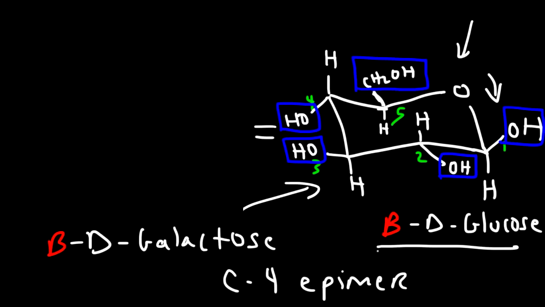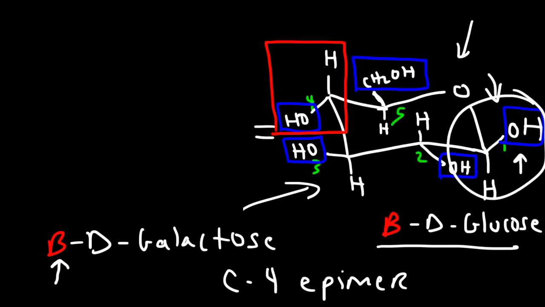So all we need to do is simply change the chiral center at carbon 4. Everything else, we need to keep it the same. Now we also need to take into account what type of anomer we're dealing with. Since we're dealing with the beta anomer, this is going to stay the same. But if we wanted to draw the alpha anomer, we also have to change that section as well. But let's draw the beta anomer.